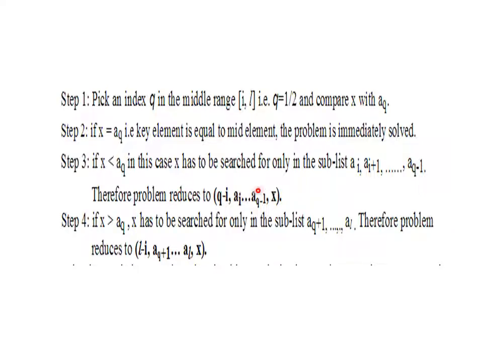That is why it is Q minus 1, because Q is 4. So A of I to A of Q minus 1, that is A1, A2, A3, because Q is 4. We restrict the search to the left sublist.